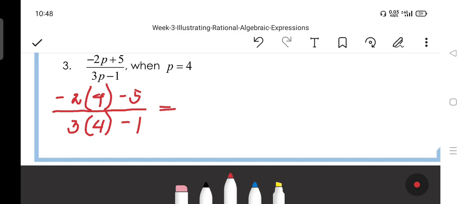Then, simplifying this further, we have negative 2 times 4, we have negative 8, and then plus 5. I'm sorry, this is plus. Then we have 3 times 4, we have 12 minus 1.